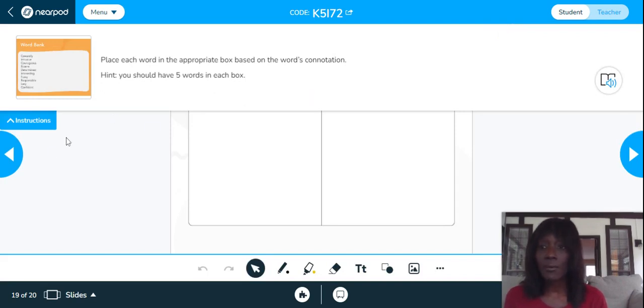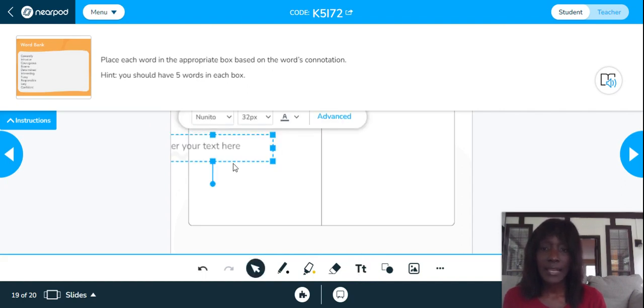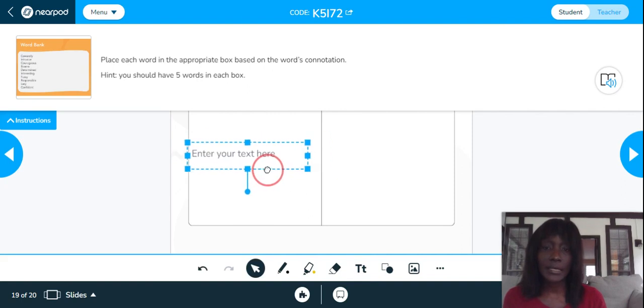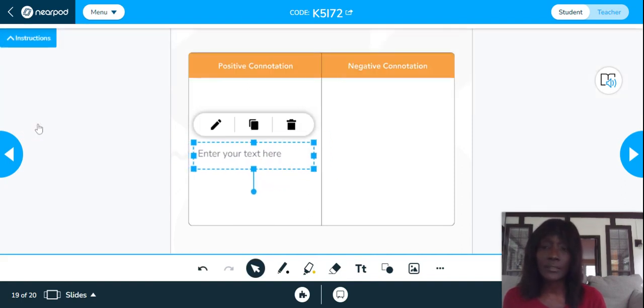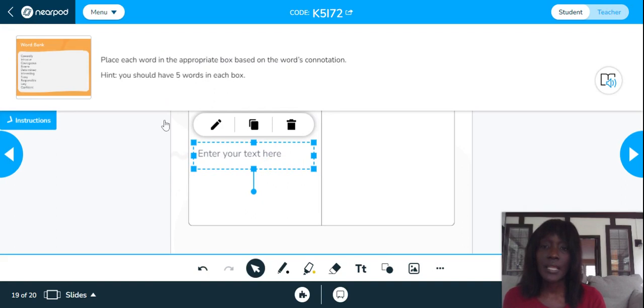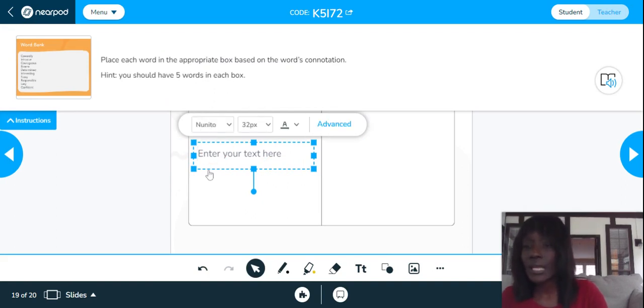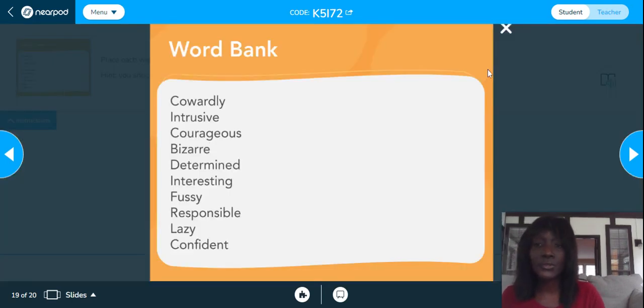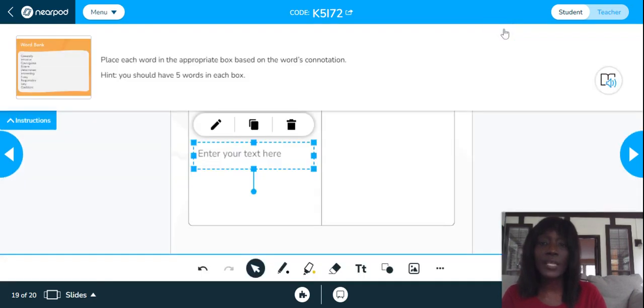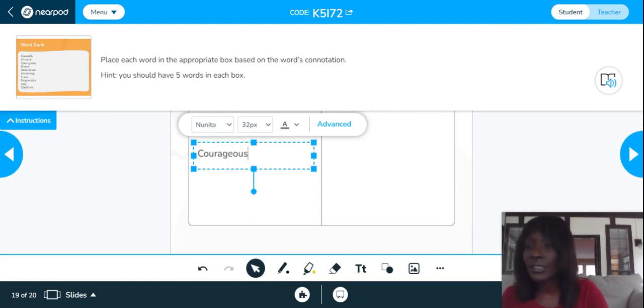Okay, so I am going to take my handy dandy text box and move it. I believe this has to do with what? Positive connotation. And we're going to type the words that represent positive connotation. So the first word is cowardly. The next word is intrusive. The next word is courageous. I believe courageous would be a good example of a positive connotation.